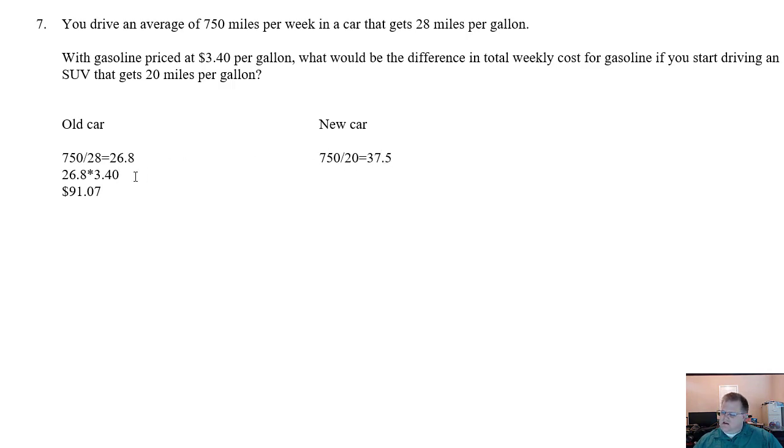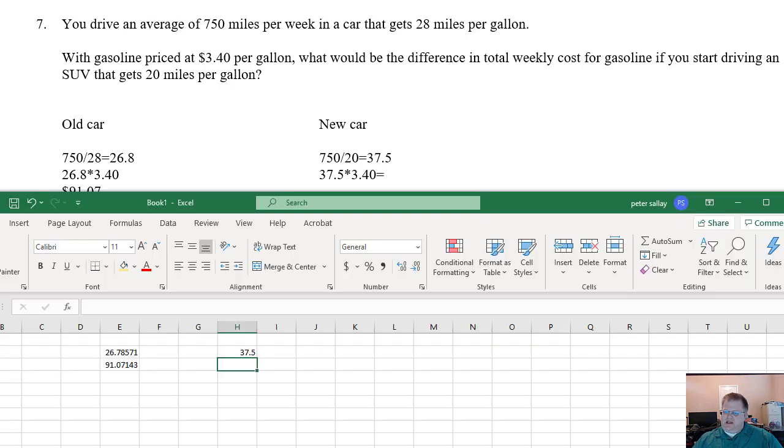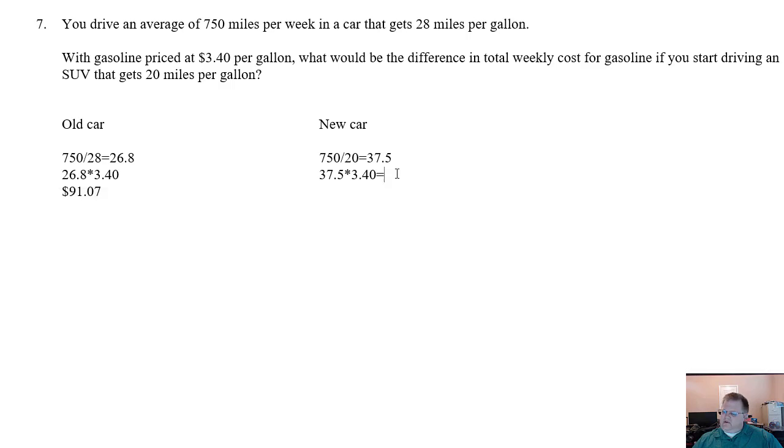And I want to take that 37.5 and multiply it by the same 3.40, and that'll tell me how much money I'm spending. So equals that number times 3.40. So it's $127.50.